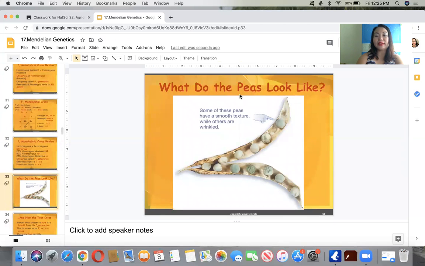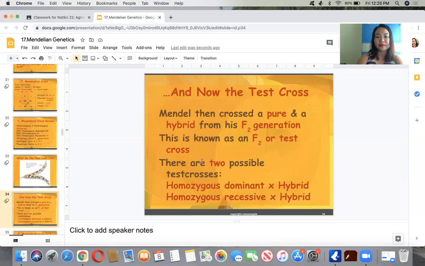So what do the peas look like? As shown in the figure, some of these peas have a smooth texture while the others are wrinkled. Now, Mendel then crossed a pure and a hybrid from this second filial generation, known as the F2 or test cross.